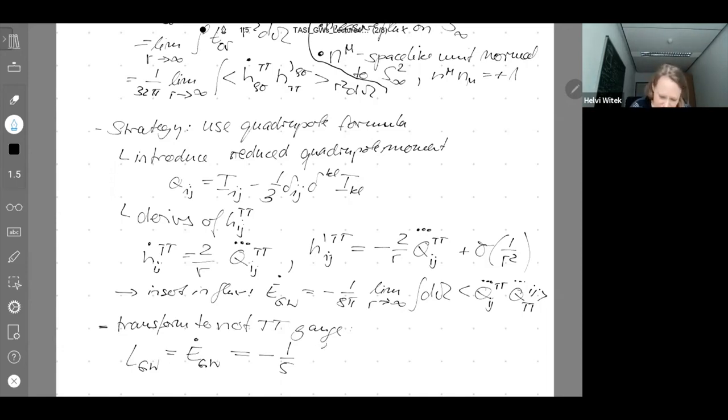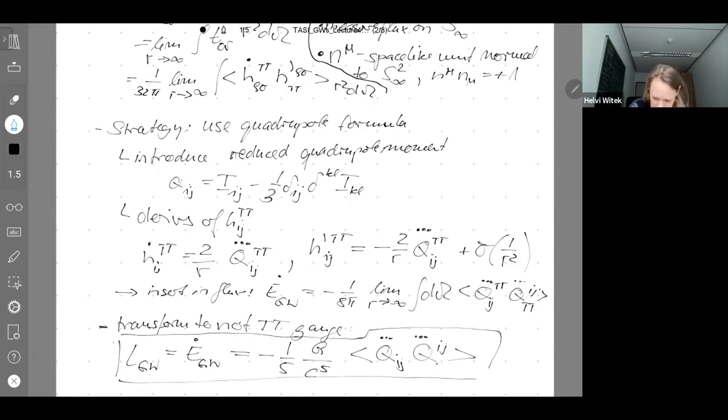So minus 1/5 Newton's constant divided by the speed of light to the fifth, and then we average over the third time derivative of Qij, now without the transverse traceless gauge, times Qij again third time derivative without the transverse traceless gauge, and that is our quadrupole formula for gravitational wave luminosity.